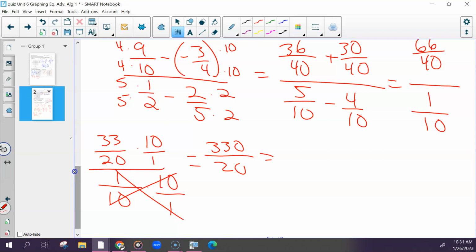It's going to be some fraction or decimal. 16.5 is the decimal, so what is that? 30 over 2? Oh yeah, because divide by 10.